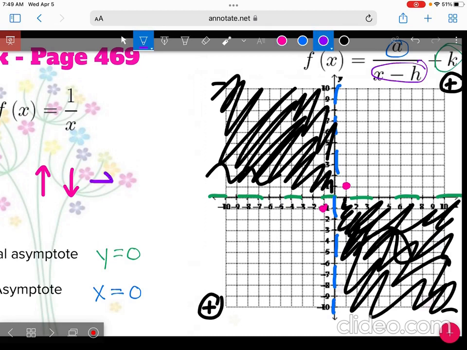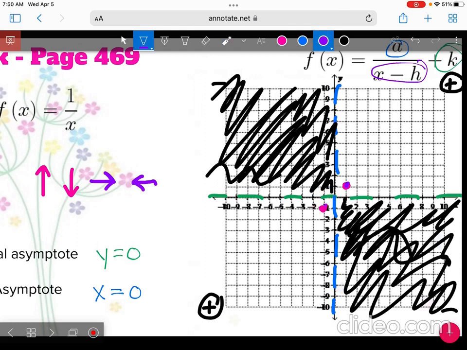I'm going to go right my a value. So from where they cross, I'm going to go right my a value and then into the space I can go in, which I know I'm winding up exactly on top of my other dot, but it's the same. It's fine. And we're going to go left our a value. So from where they cross, left 1, and then into the space that I can.